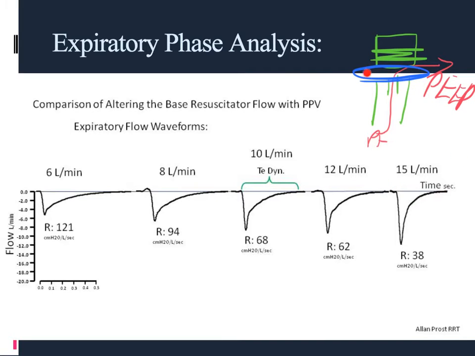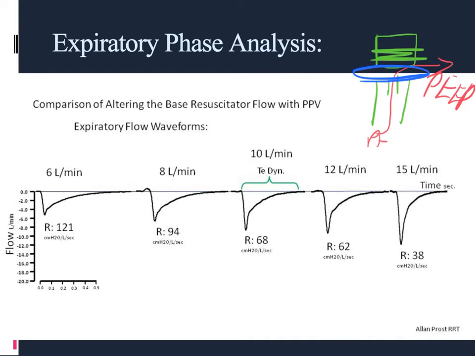So the size of this opening right here at the NeoPuff controller, right at the patient connection, is going to be much more open when we use higher flow rates. So we'd expect to see this, and we could actually measure it. That's what this data shows: when we choose 6 liters per minute, we have very, very high expiratory resistances compared to when we choose the 15 liters per minute driving flow rate through the NeoPuff.